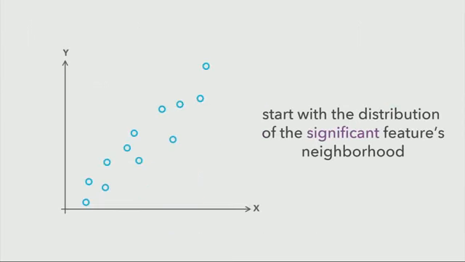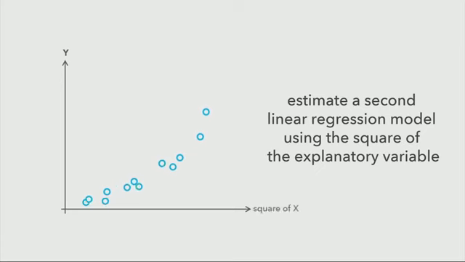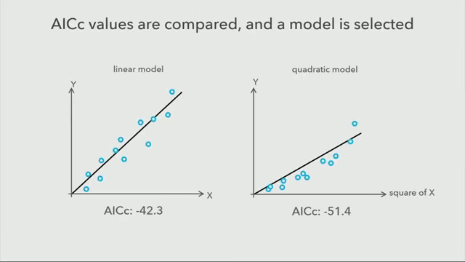The way it does this is first it starts with the distribution of the significant feature's neighborhood, and it estimates an OLS model for that and calculates the AIC-C. Then it will square the explanatory variable x, and we compare these two. Essentially, that second check is checking for a quadratic model.